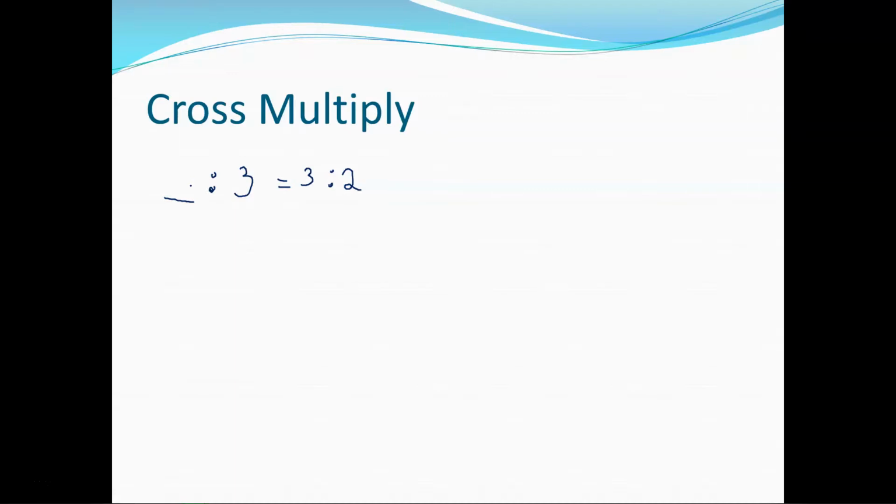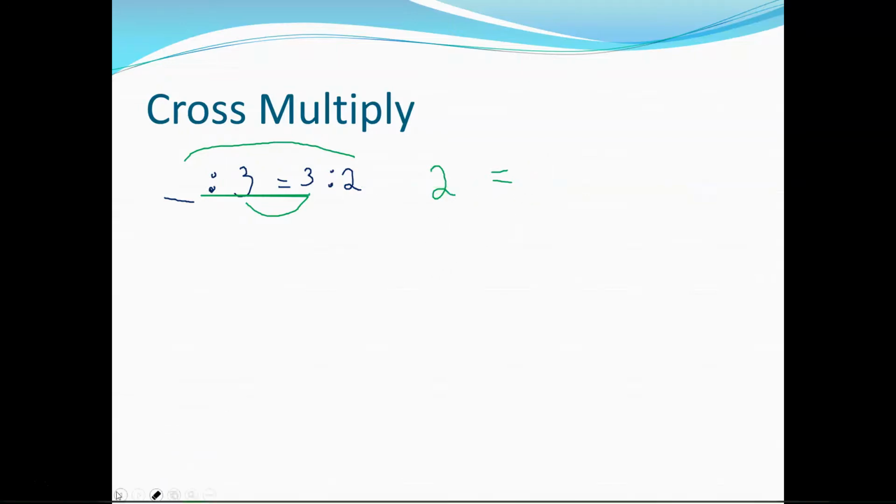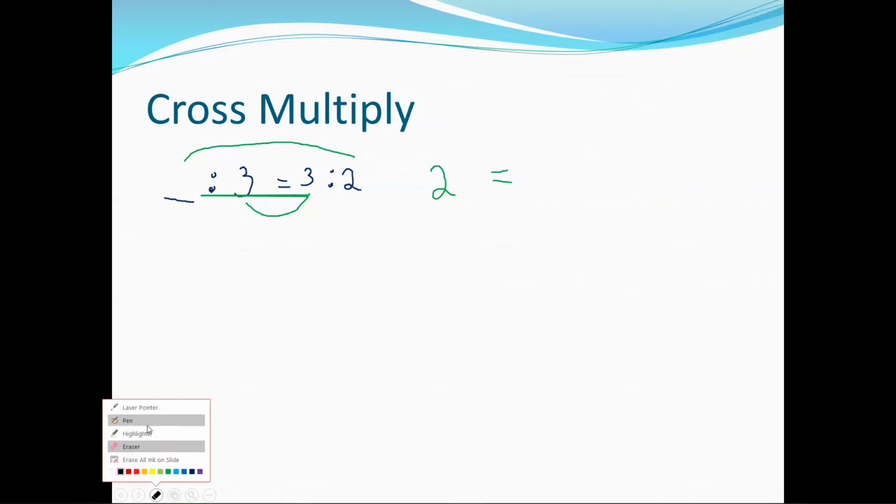What's the first thing I would need to do? I'm going to do means and extremes, right? Outside to outside, inside to inside. So I would end up with 2x, because that's always what we do as a variable, equals 9. Two x equals 9.